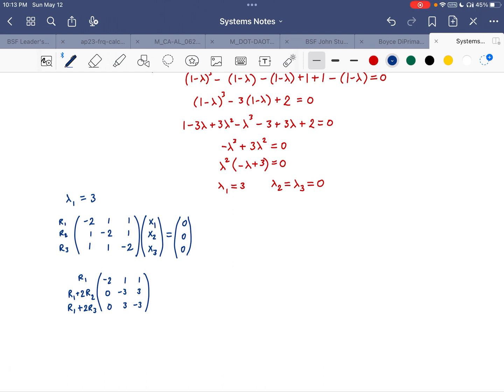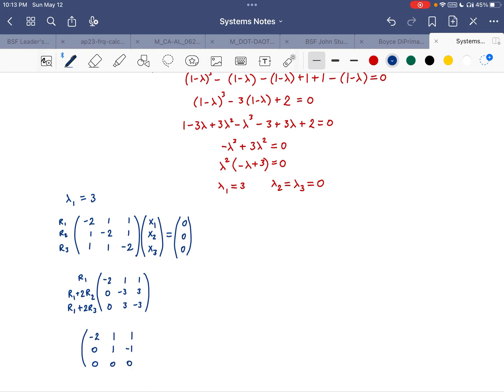Okay, so now as we go to rewrite this system, I'm going to do maybe one more row operation here. I might divide through by negative 3 here. And you can see that the third row is just a scalar multiple of the second row.